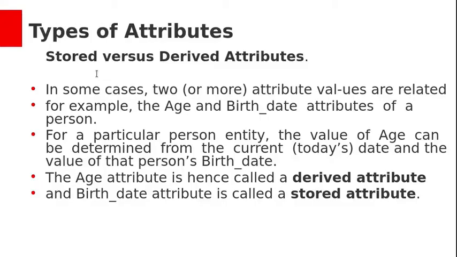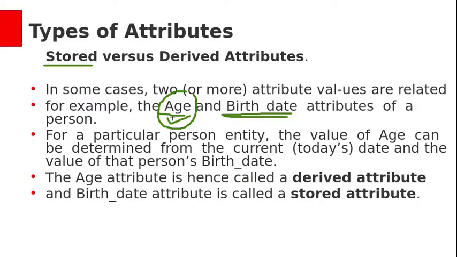Stored and derived attributes. In some cases, two or more attribute values are related. If we take age and date of birth, both are attributes of a person, they are related. Stored attributes are attributes that supply value to another attribute. Like here, date of birth, which can supply value for age. If you want to calculate the age of a person, you need to subtract this birth date from the current date, then you will get the age.